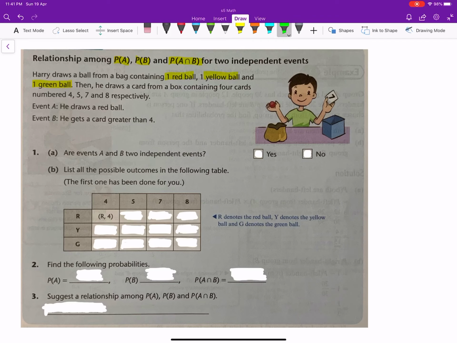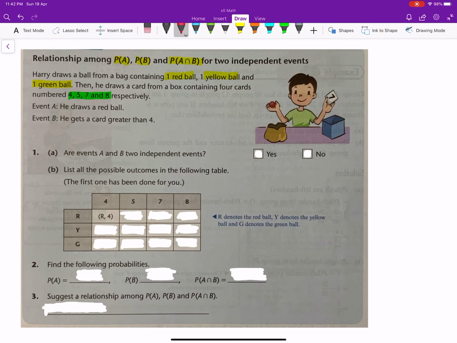And then he draws a card from a box containing 4 cards, which are numbered 4, 5, 6, 8. Means that there is a bag and there is a box as well. Event A, he draws a red ball from the bag. Event B, he gets a card greater than 4 from the box.